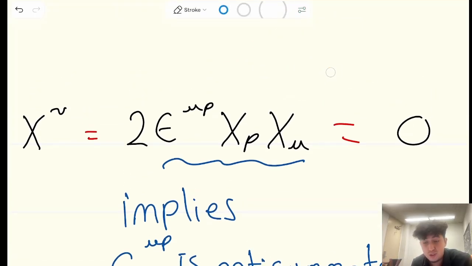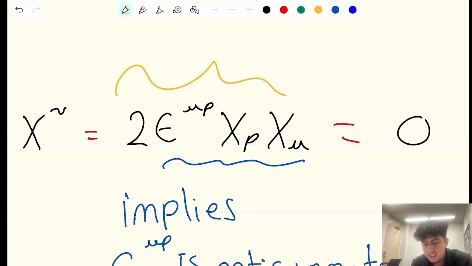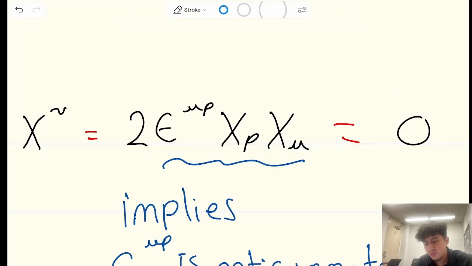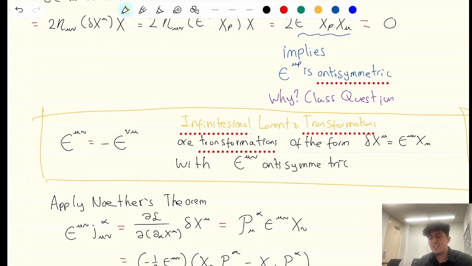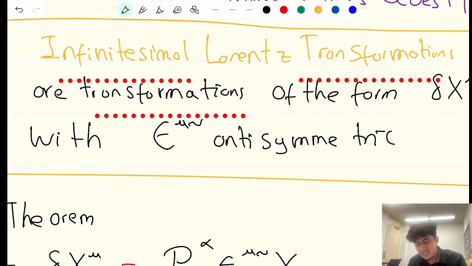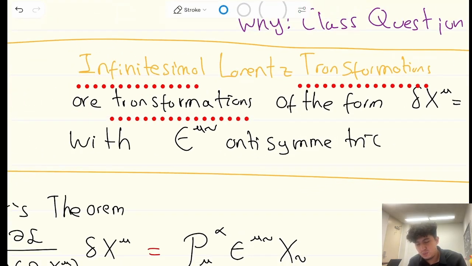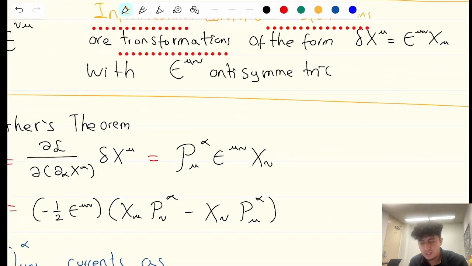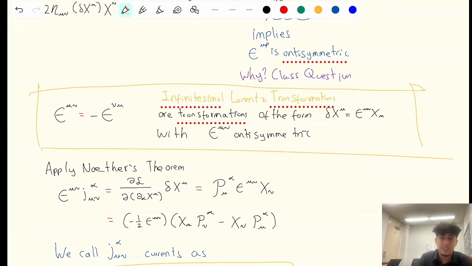But there has to be some antisymmetric part to this whole quantity in order for it to be 0. So that antisymmetric thing is this epsilon. So essentially, the new definition of an infinitesimal Lorentz transformation is any transformation of this form that has an epsilon mu nu that is antisymmetric. Cool. So that's our new definition for infinitesimal Lorentz transformation.